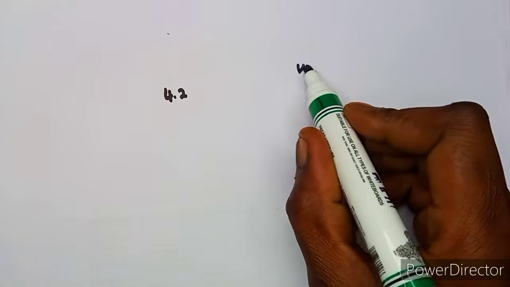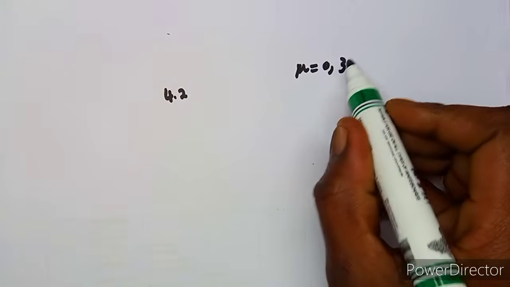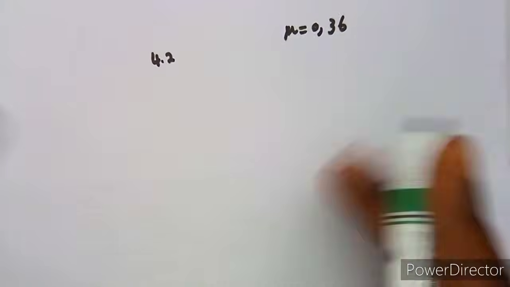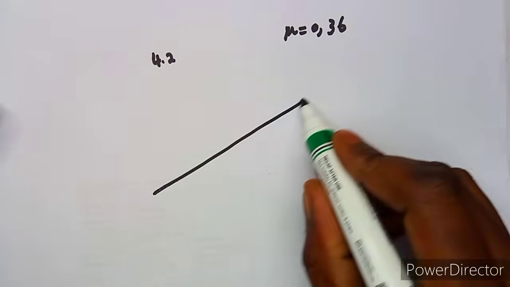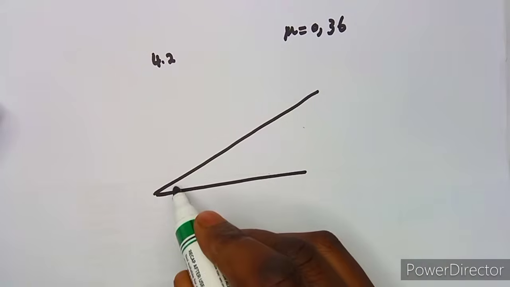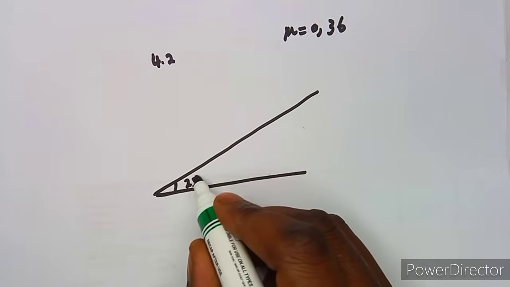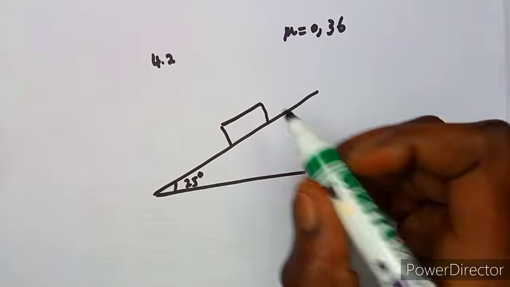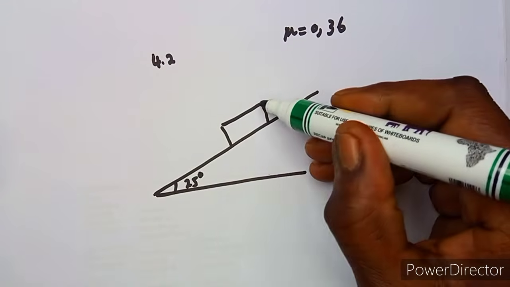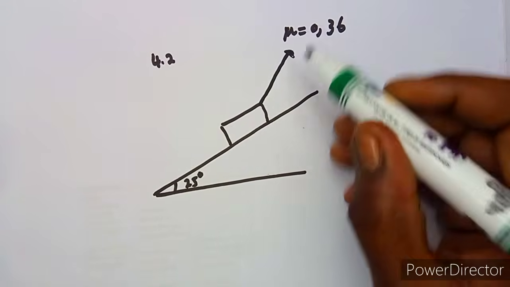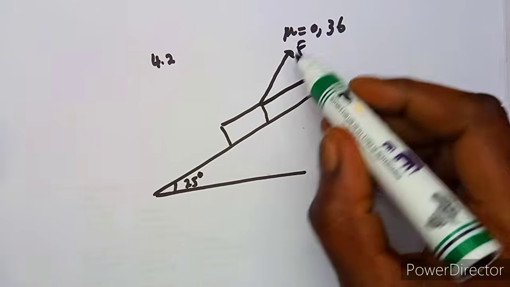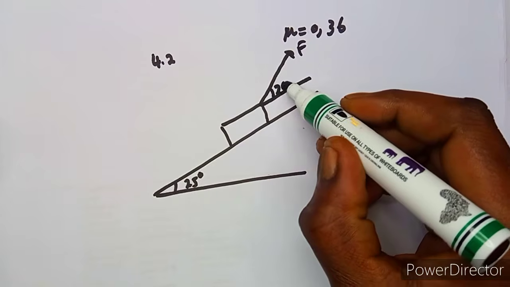Cross-checking properly, we are given the coefficient of friction, which is 0.36. Let me put it this way. We have 25 degrees here, and this is the object, the minibus in this case, and there's a force acting this way, the one that we do not know, but we know there's an angle of 20 degrees here.